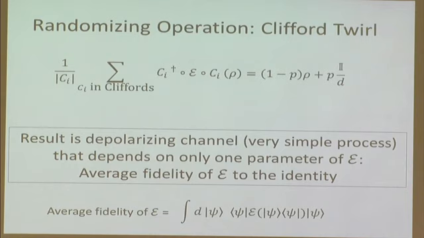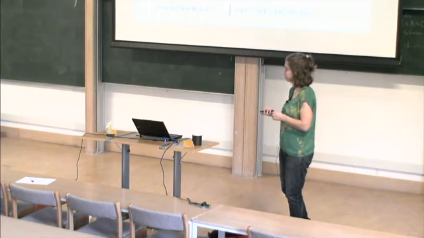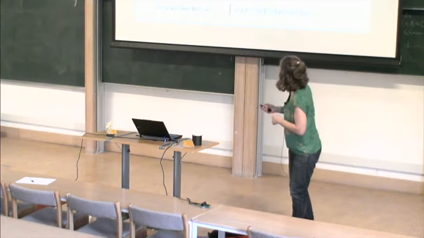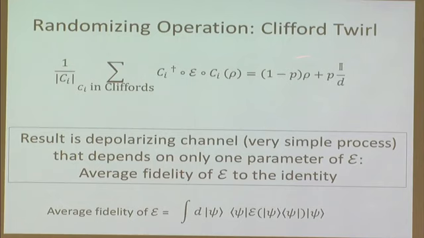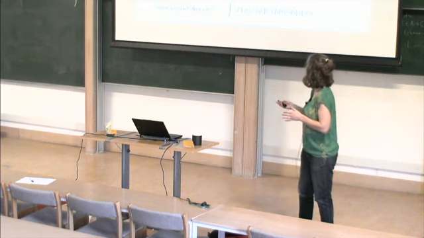Basically, it's a measure of how close E is to the identity. Now because this depolarizing channel has such a simple structure, you can imagine that when we compose it multiple times, which is what we do in a randomized benchmarking experiment, you're going to get a very nice decay.